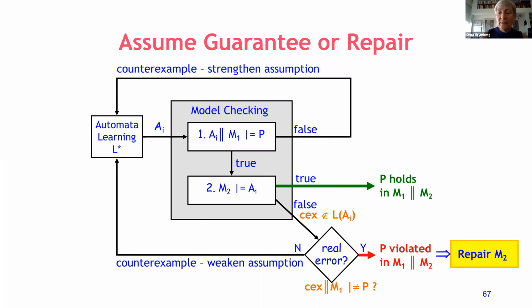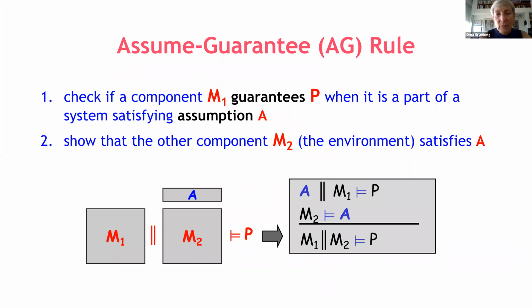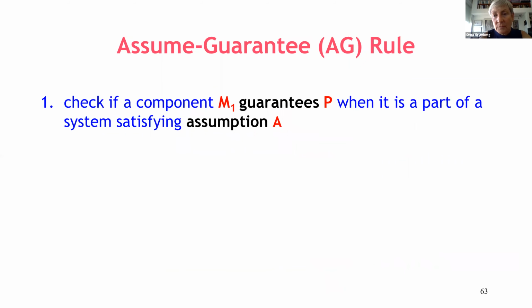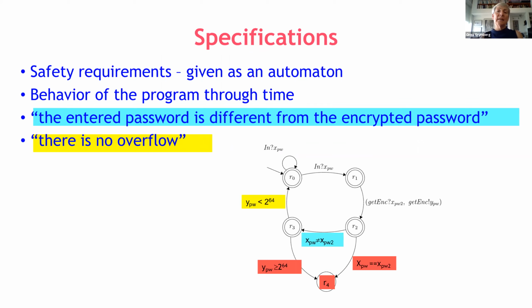So actually the type of automaton that I described for the specification, just a moment. Here, this is the assumption, which is of the same type. It will be complete.